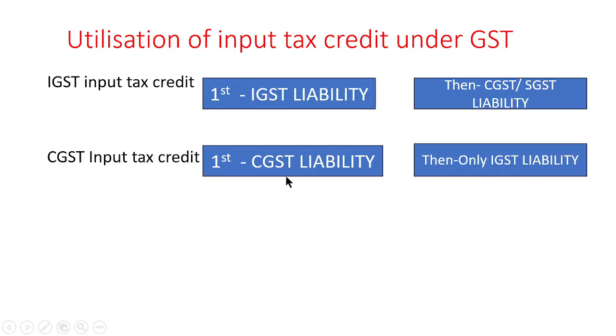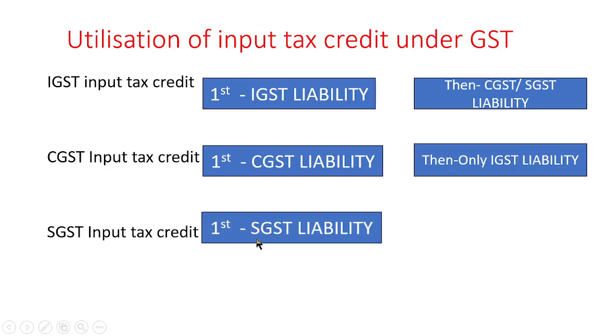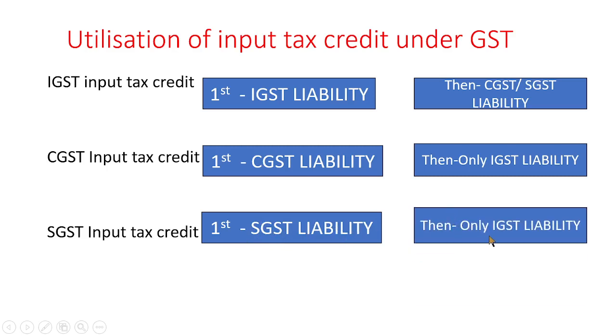So CGST cannot be utilized against SGST liability. And SGST input tax credit or UTGST input tax credit, you can use for set off against SGST liability or UTGST liability, and then only balance, if there is something, against IGST liability.